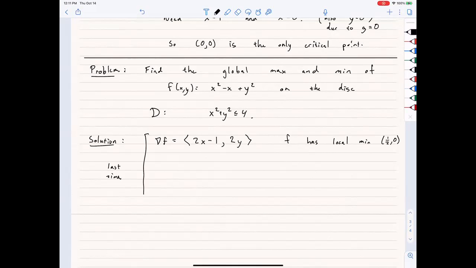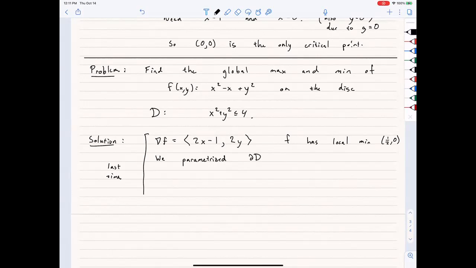We parametrized this boundary, which is a circle. In this case, it's not too hard, but again, if I give you a more difficult region, it may be quite hard.